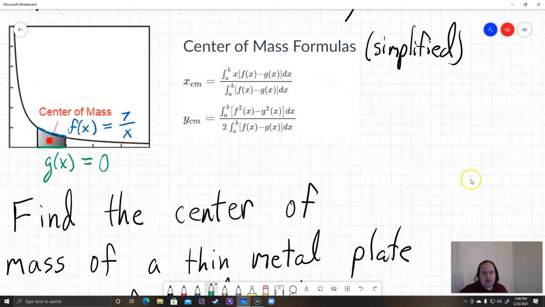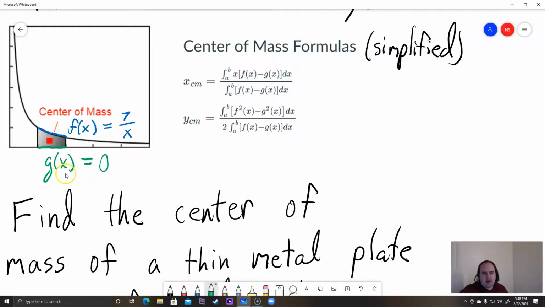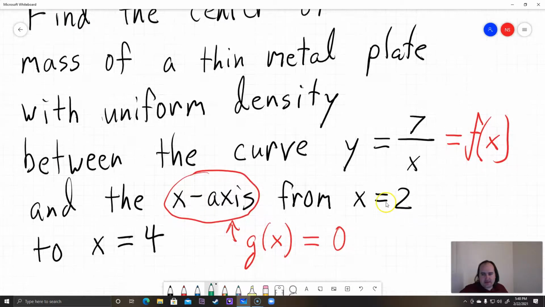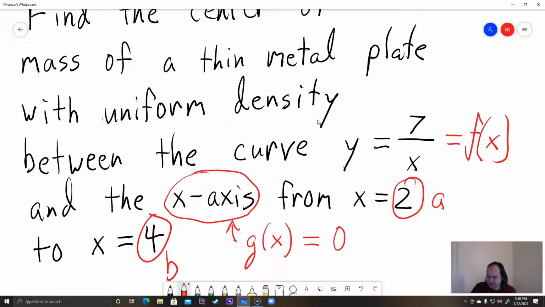So there's a lot going on here. But since we know our f of x and g of x, all we really need is the a and the b. For this problem, we're starting at x equals 2 and we're ending at x equals 4. So x equals 2 is going to be our a, and x equals 4 is b.